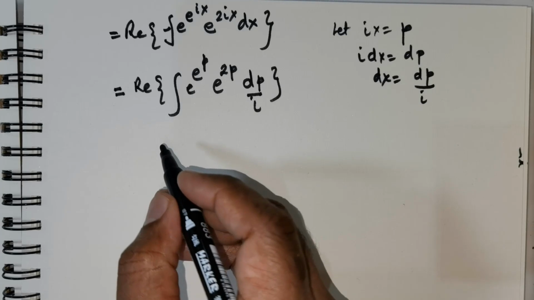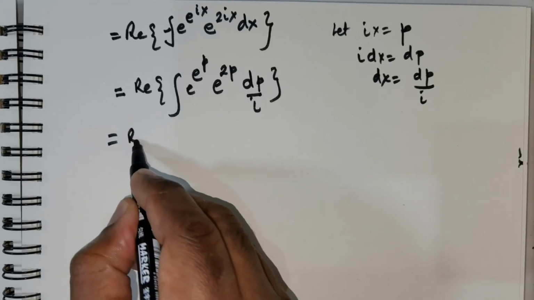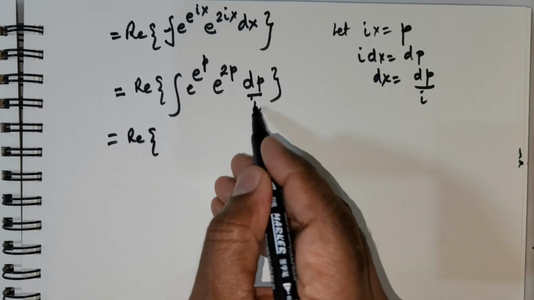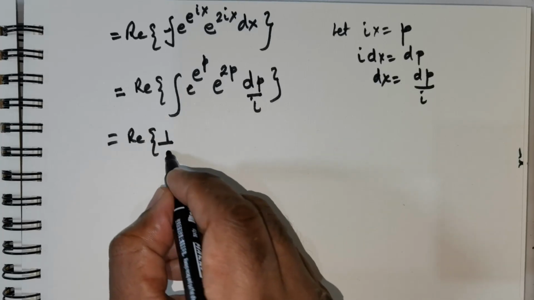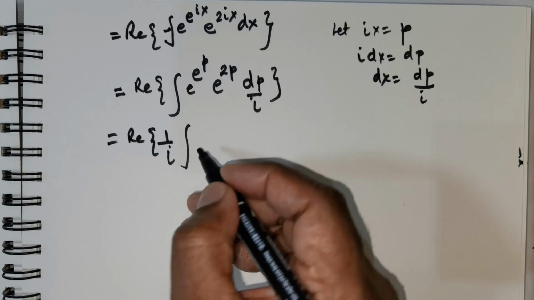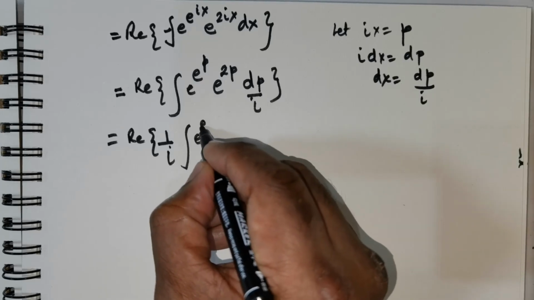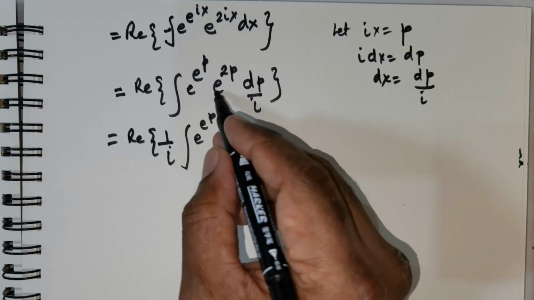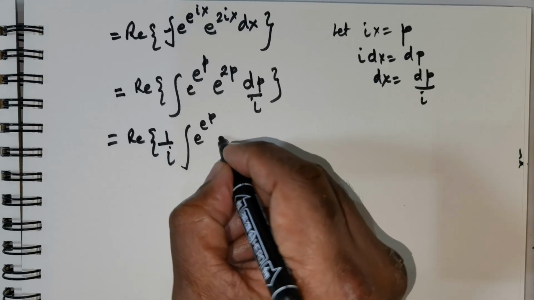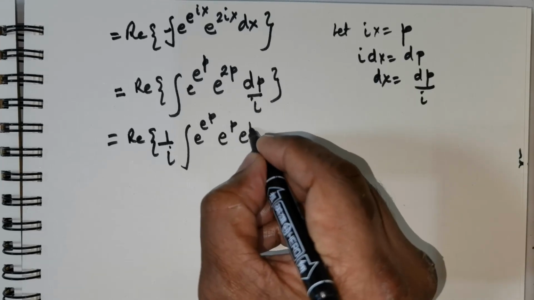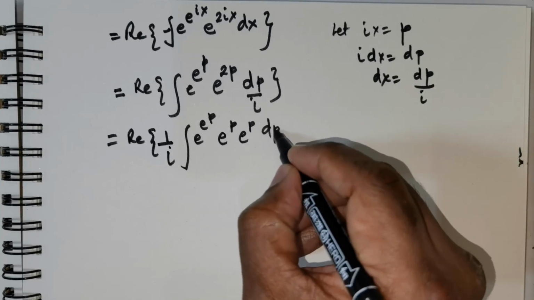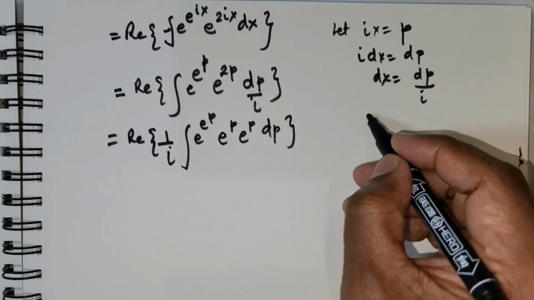Now this can be further rewritten as the real part of, i is a constant, so I'm going to write it in front of the integral, 1 over i times the integral of e raised to the power of e^p times e raised to the power of 2p. I'm going to write it as e^p times e^p, followed by dp and then the parenthesis.